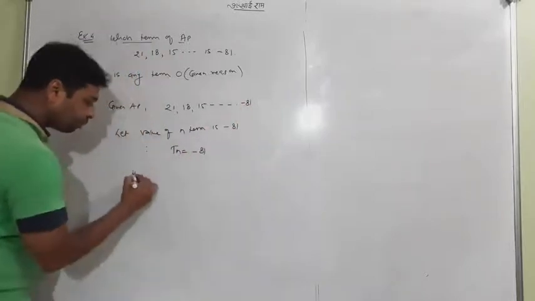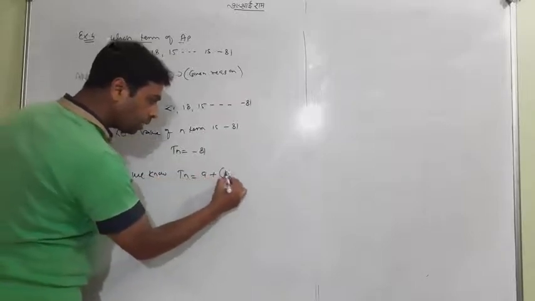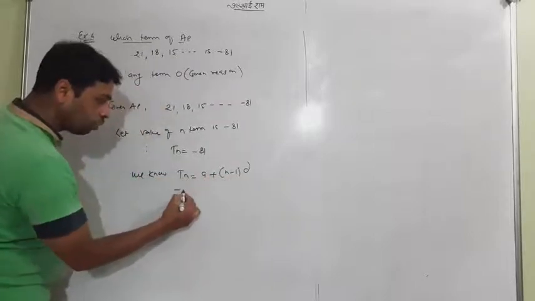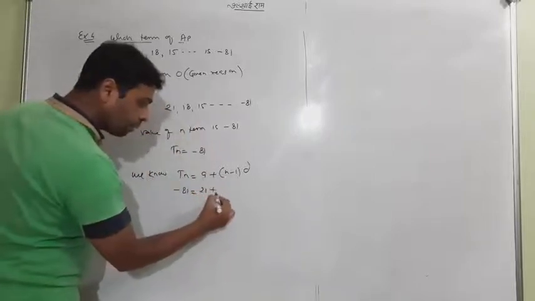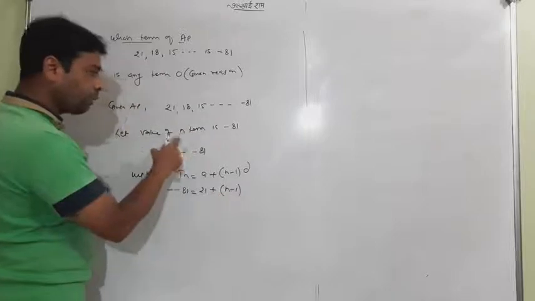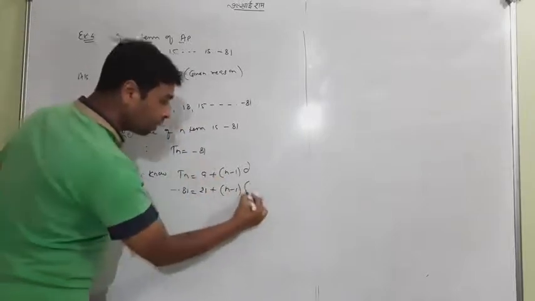Now we use the formula Tn equals a plus (n minus 1) into d. Tn is equal to minus 81. a is equal to 21. n is unknown because we have to find n, and d is 18 minus 21, which is minus 3.